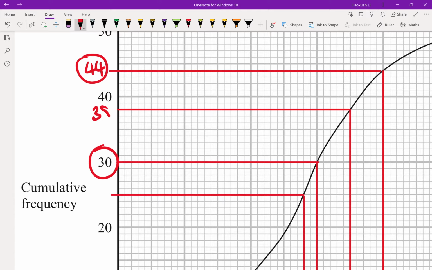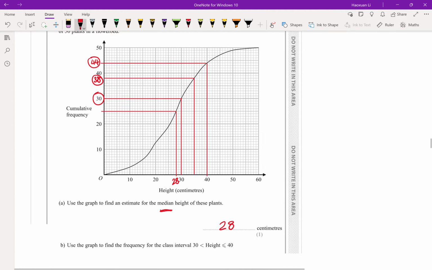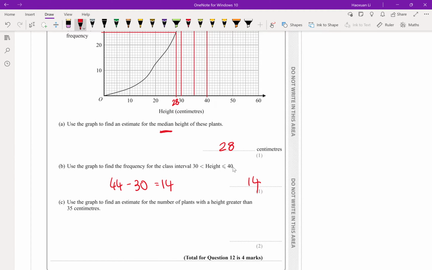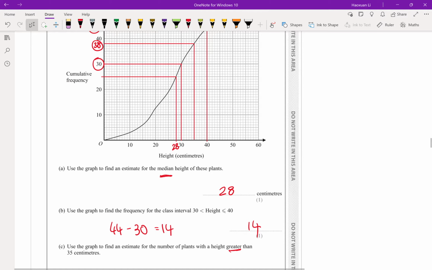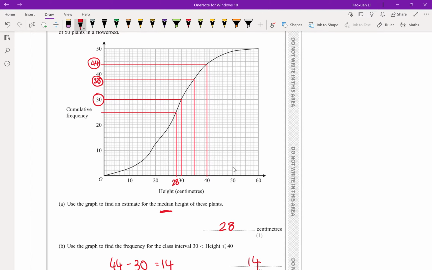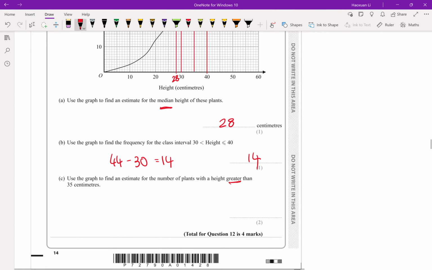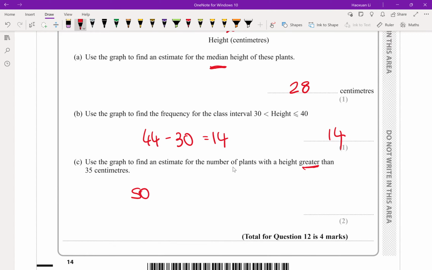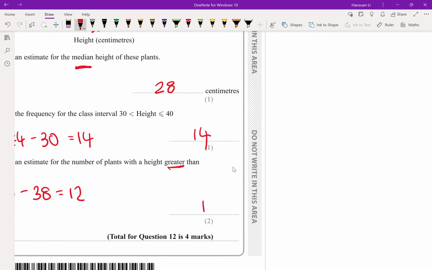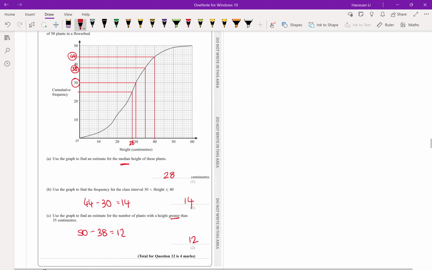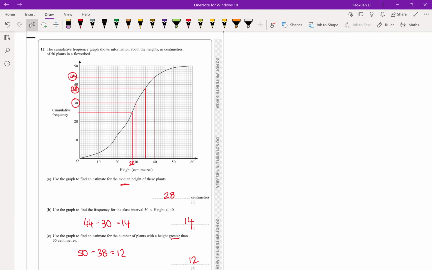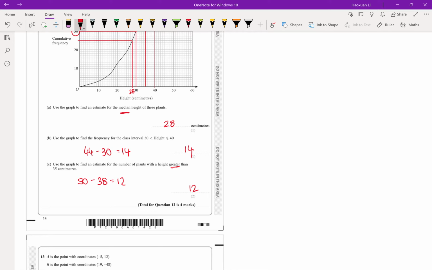That'll be 38 here. Since it asks about greater than 35 centimeters, the height of 35 centimeters has 38 of them, so above that, it'll be the total minus that 38, which is 12. So therefore, this will be 12. So here is 2 marks, right? 1 mark for actually reading it, and the 2nd mark for actually getting the value here.